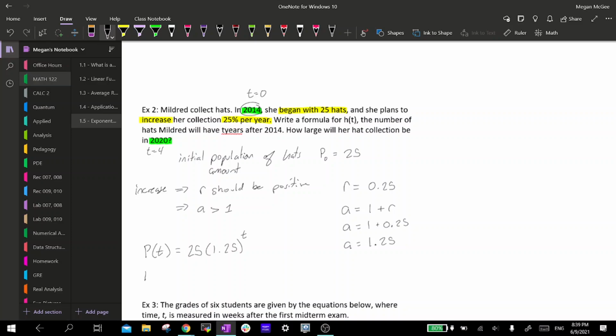So we have P of 4, which is 25 times 1.25 raised to the 4th power. And so we get that she will have 61 hats in 2020. And that is a lot of hats.